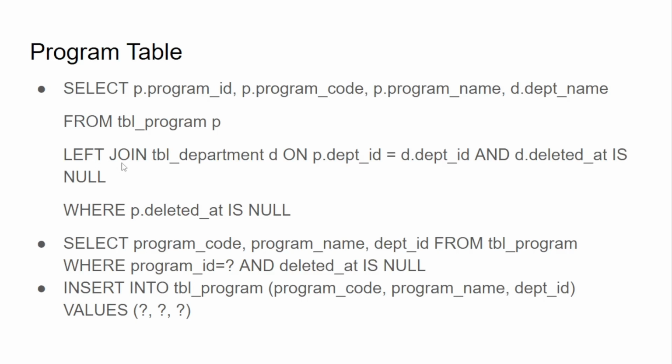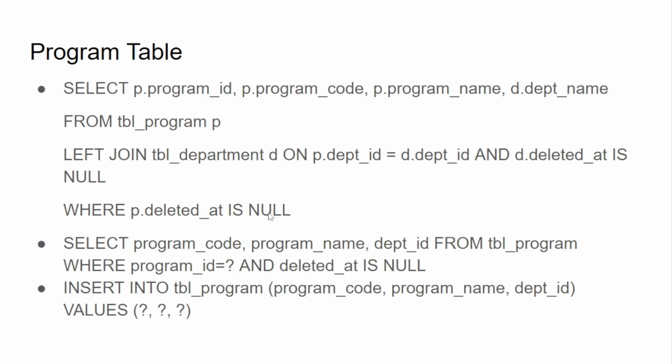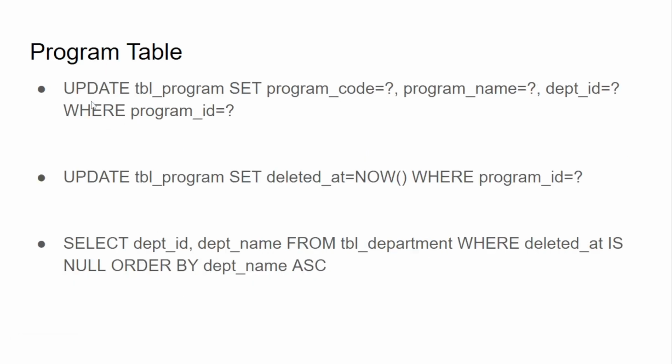We combine the department table with the program table by using dep id, and then of course we also filtered it so that it only gets the active, non-soft deleted values, as you can see. Then we select its values, we can insert some new values, we can update those values, and we can delete them.